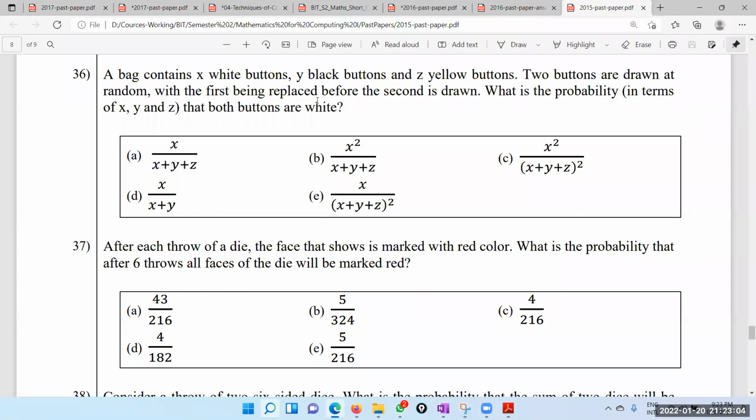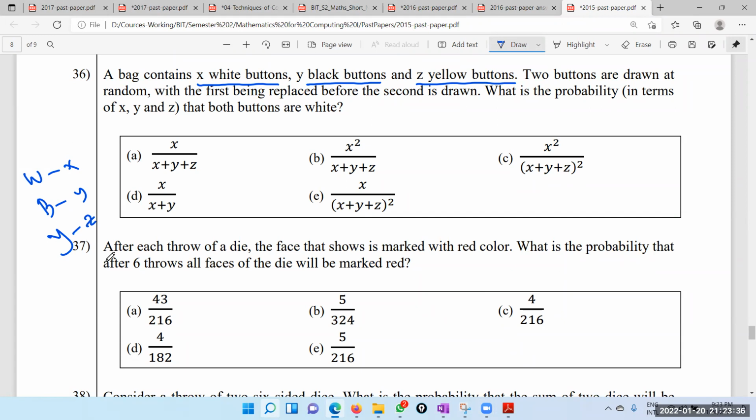Right, so let's do 36. A bag contains X white buttons, Y black buttons, and Z yellow buttons.